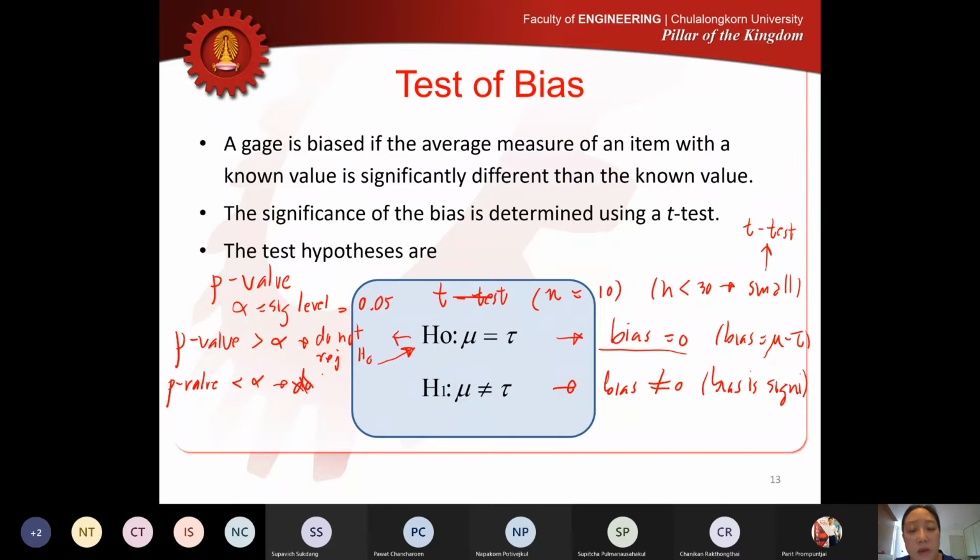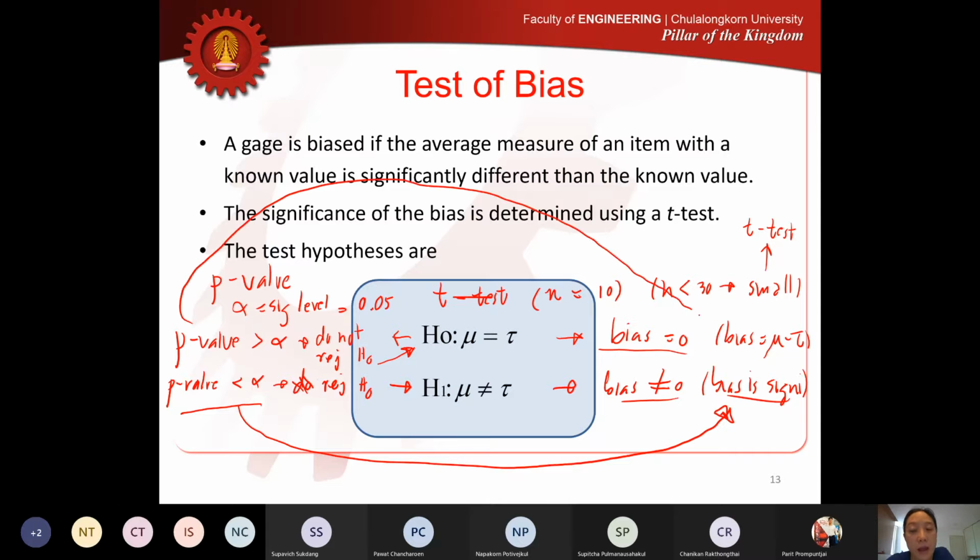And when we reject H0, that means we believe in H1, and H1 says bias is significant. So you can skip from this step to this step: when p-value is less than alpha, you conclude that bias is significant, and if the p-value is greater than alpha, you believe that bias is not significant.